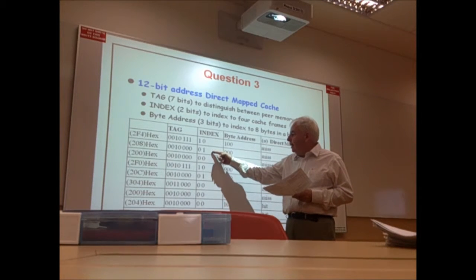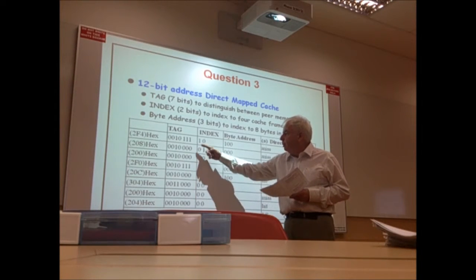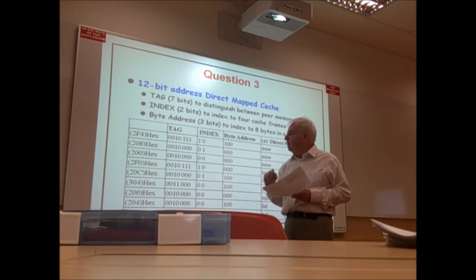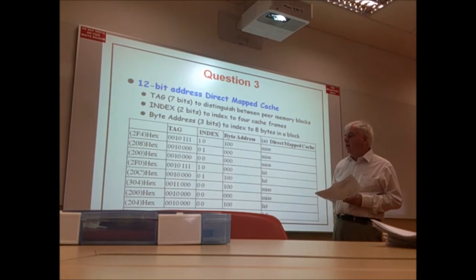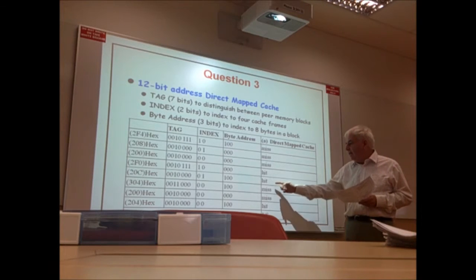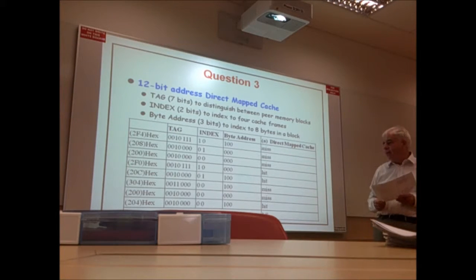Again, we already have a block in cache frame 1, and it's the same block that we want. 20C and 208 are next to each other, within the same block, and that block is already in the cache. So we have a hit for 20C.